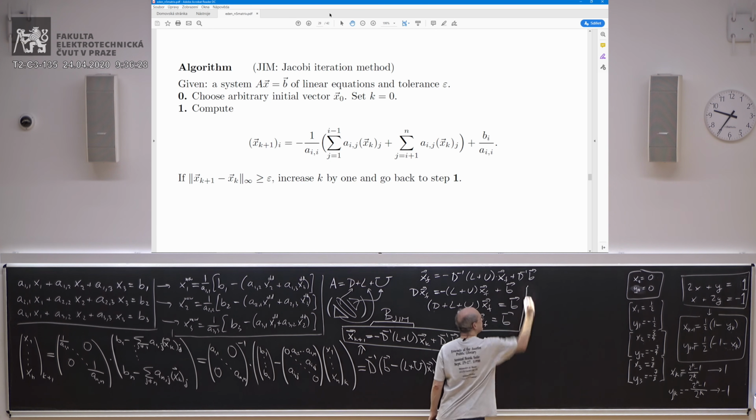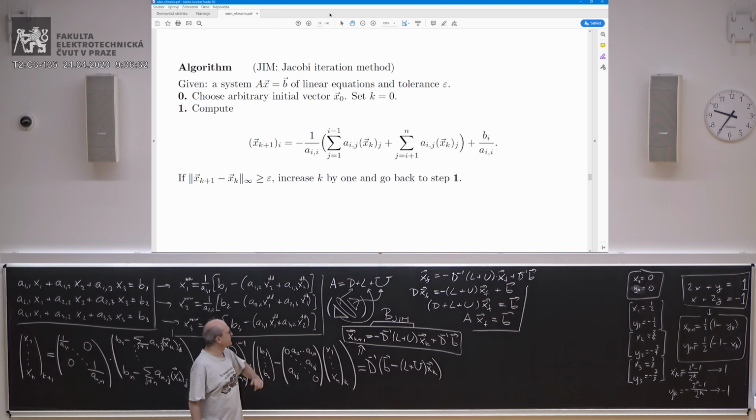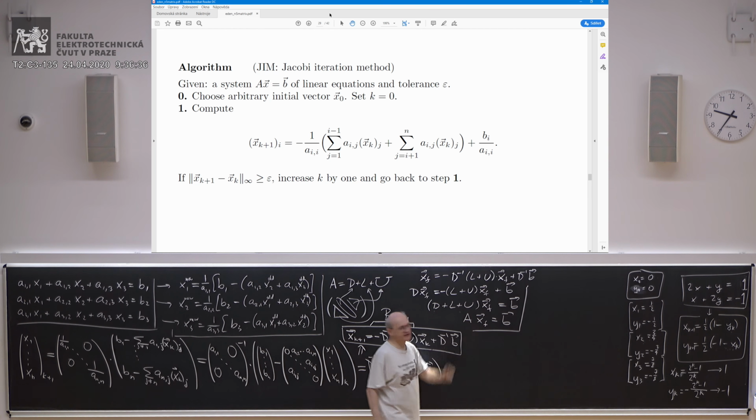And this confirms that our iteration actually does its job if it works, if it converges.